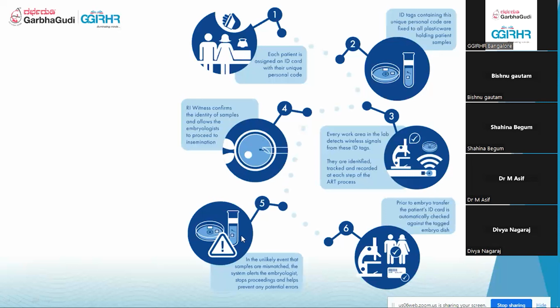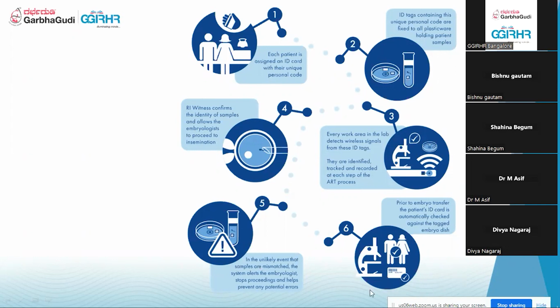Fifthly, if in any case the barcode is not matching, either the sperm or the oocyte, it will immediately show a caution mark and reject.